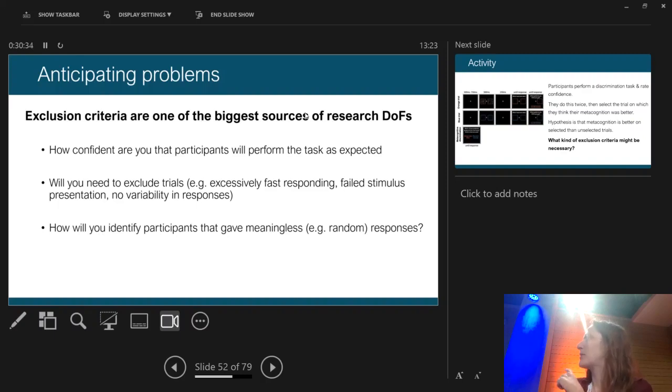The more experience you have with the kind of data you're working with, the easier this is going to be. But if you're doing a study you haven't done before, working in a domain you're not familiar with, then just asking colleagues about this is going to be really easy. Or downloading data from OSF and looking at the kind of weird things that you find there is going to make this much easier.